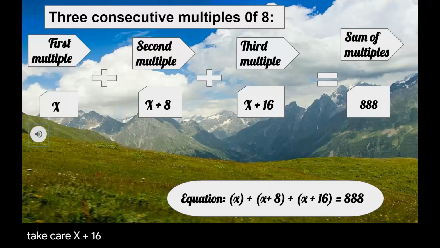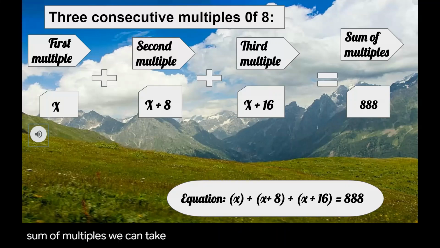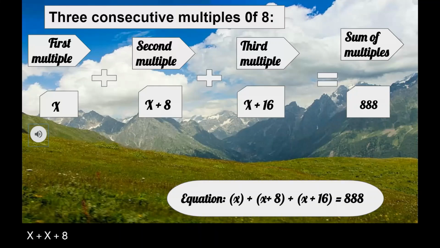In the question, it is given that the sum of three multiples of 8 is 888. So here, the sum of multiples we can take 888. Now we got the equation. What is the equation? x plus x plus 8 plus x plus 16 is equal to 888.